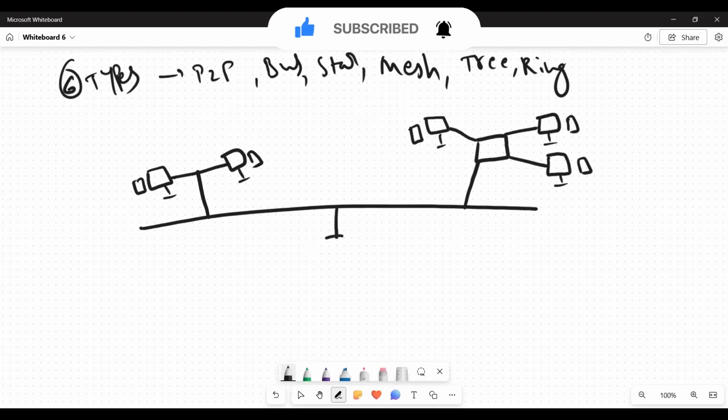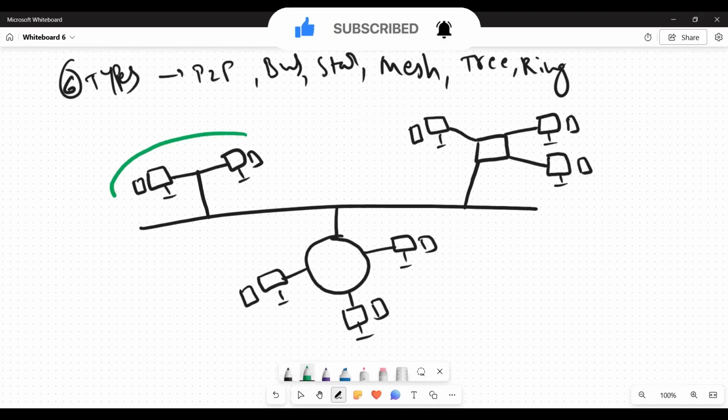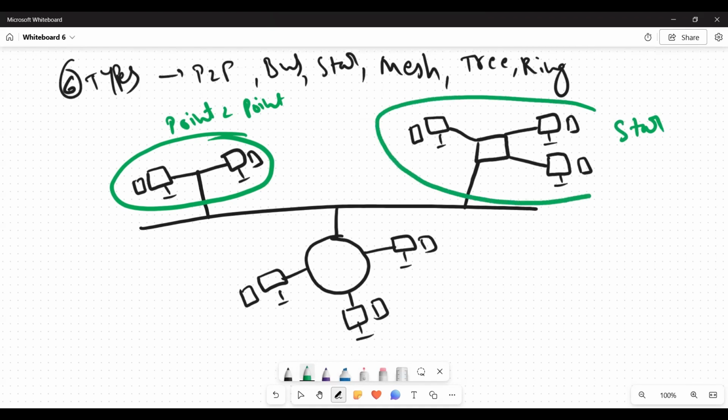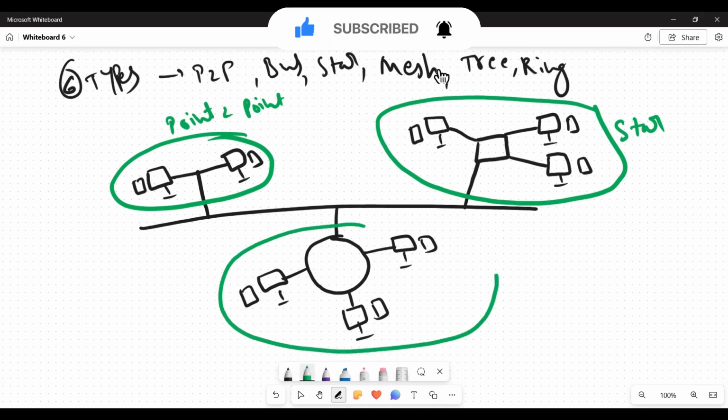And here we can represent a ring topology, with a device here, a device here, and a device here. So this is point to point, and this is star. You can include some others also, but as there is no space, I just took three topologies.